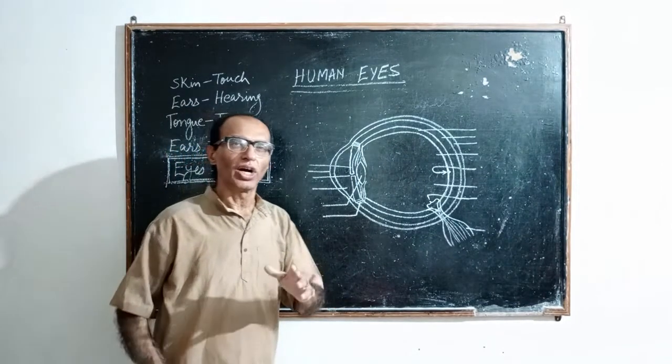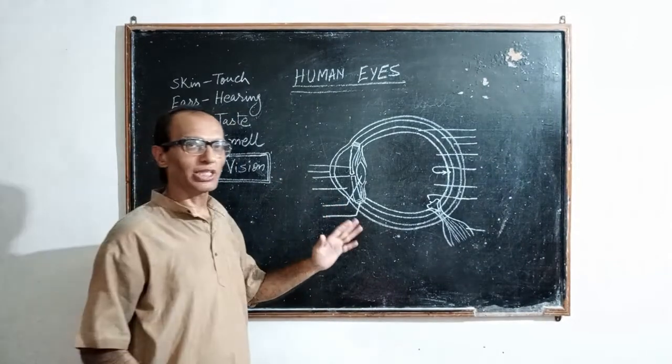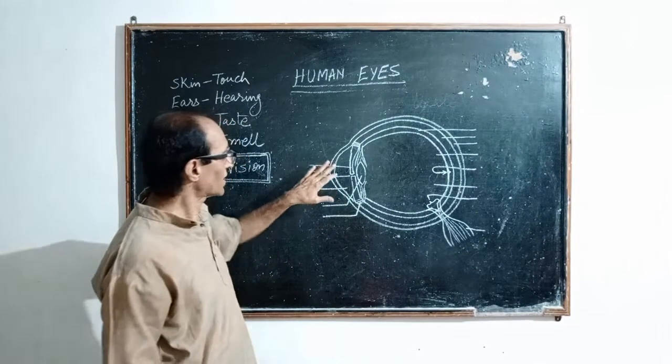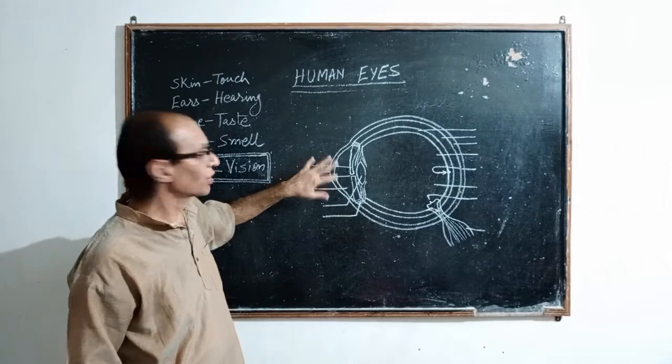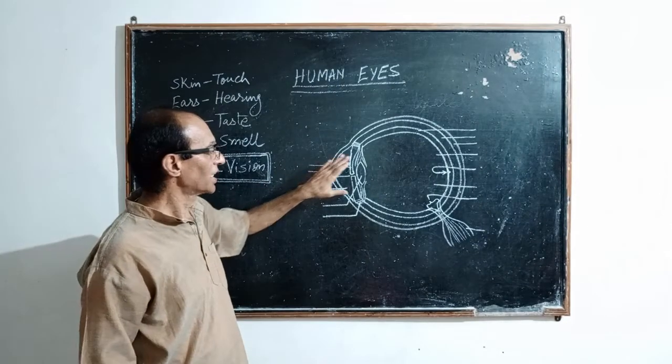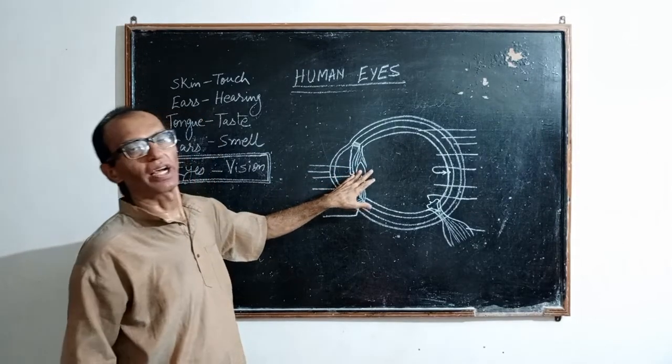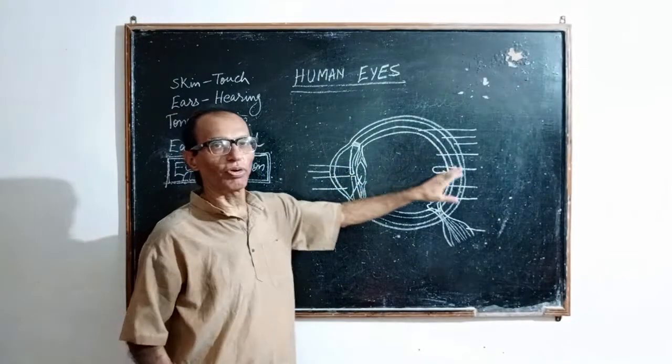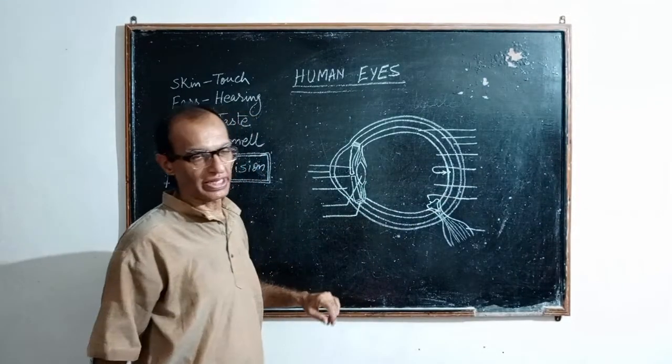Mind it that most of the refraction that takes place inside our eye takes place through this cornea. And the lens again refracts, but it mainly focuses the image on the retina.